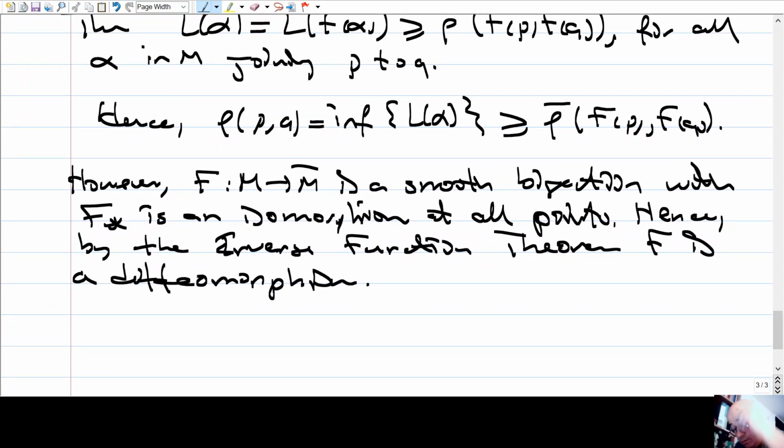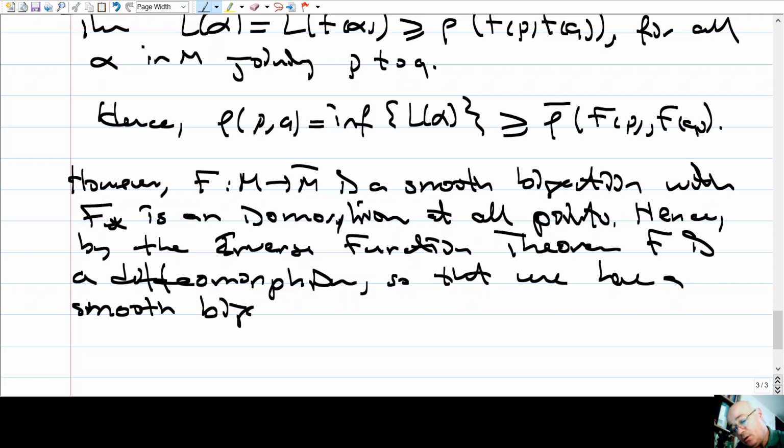So that we have a smooth bijection f inverse from M bar to M, inverse of f.